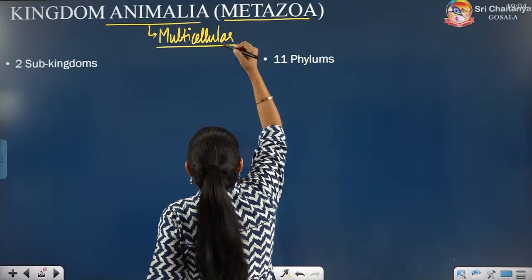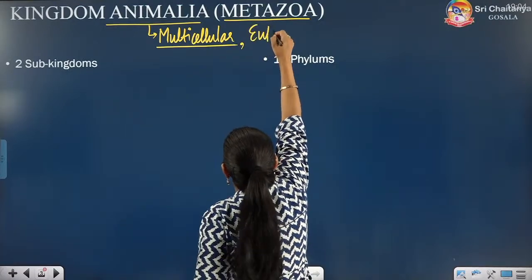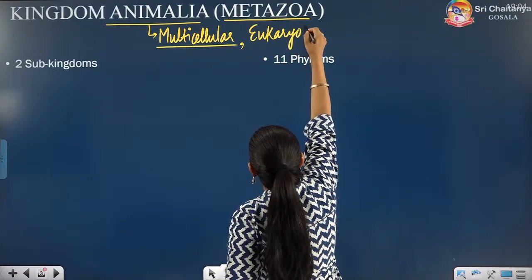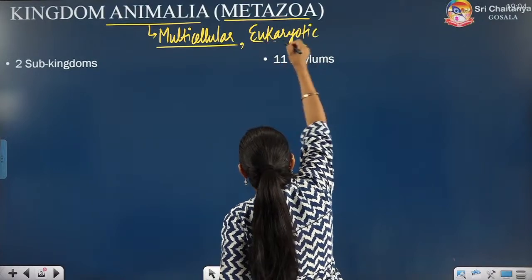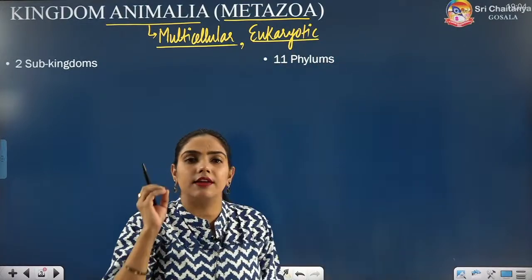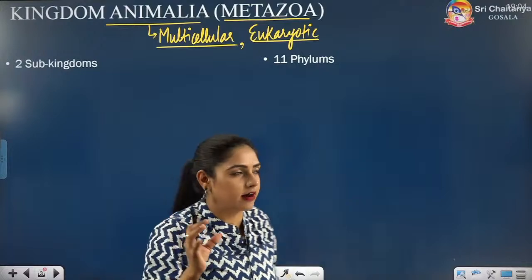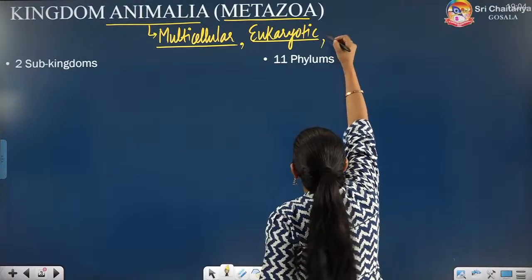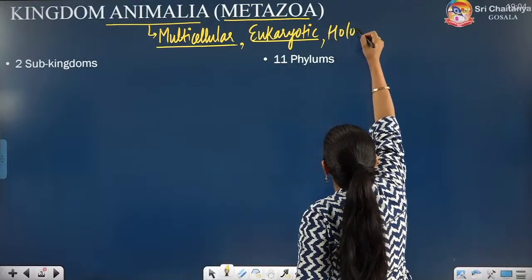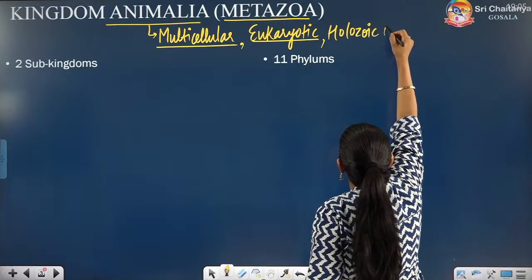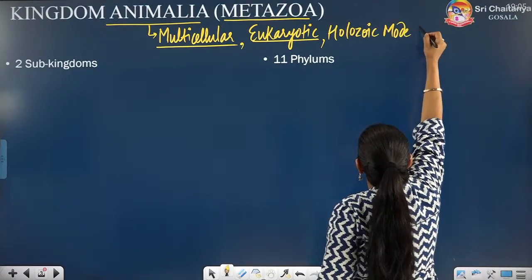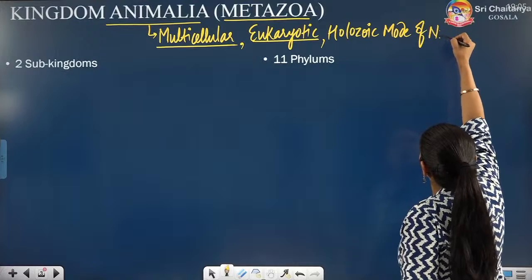Then they all are eukaryotic. That means all of the animals have a well-defined true nucleus. And they have Holozoic mode of nutrition, everyone.